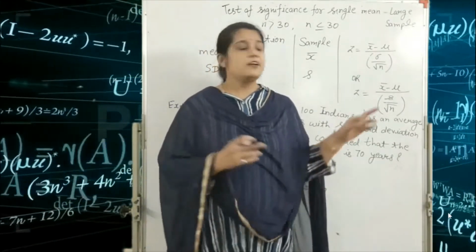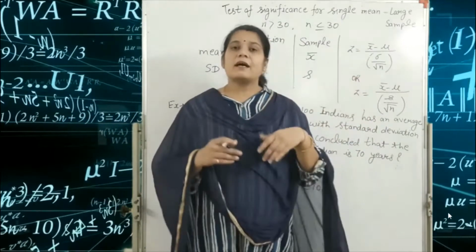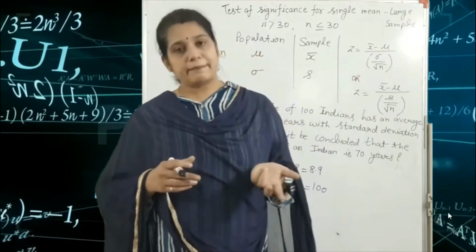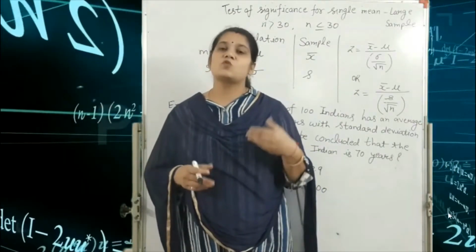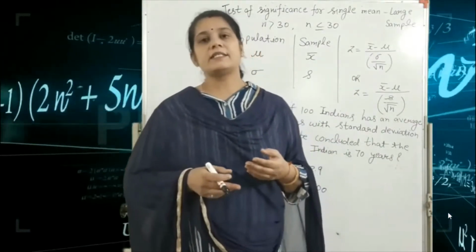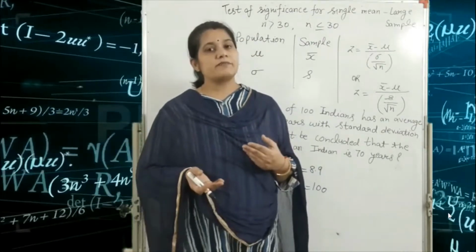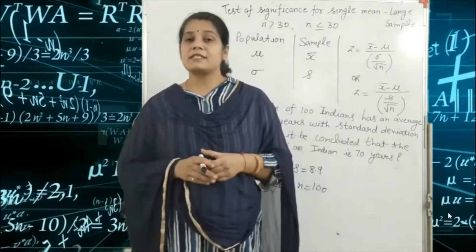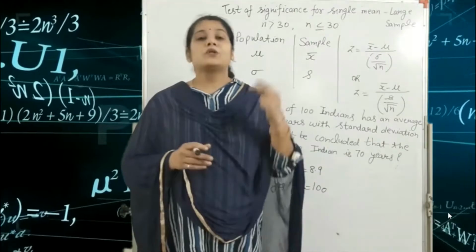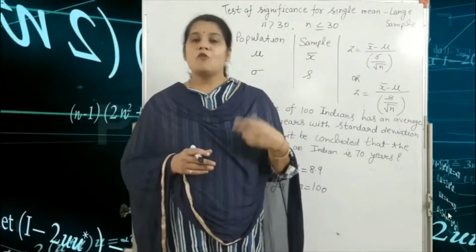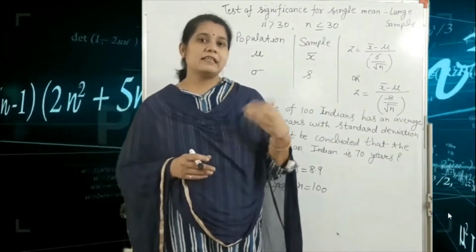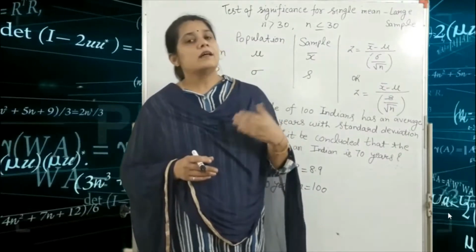After that, we find these values and compare according to our table. The table has 1% level of significance, 5% level of significance, and 10% level of significance according to two tailed test and one tailed test, that means left tailed test or right tailed test.